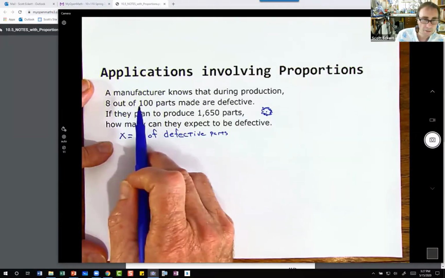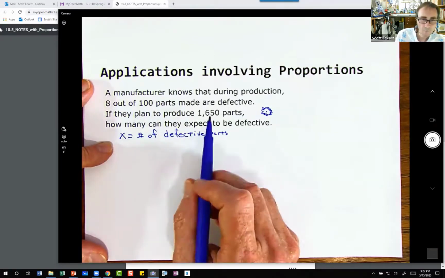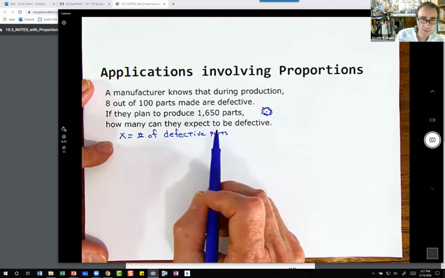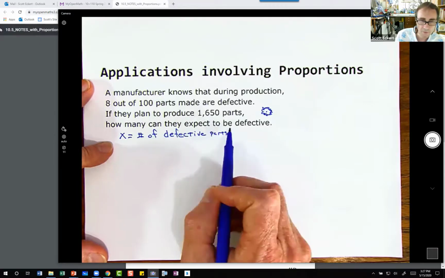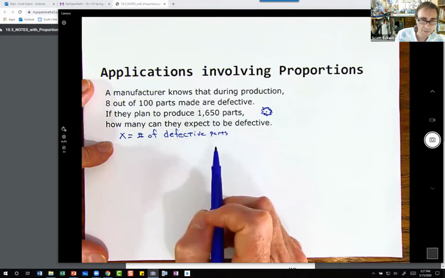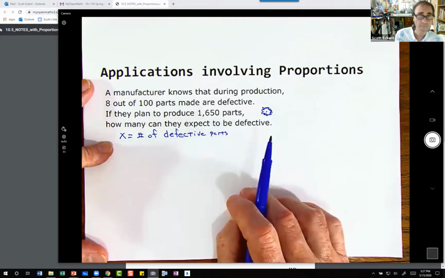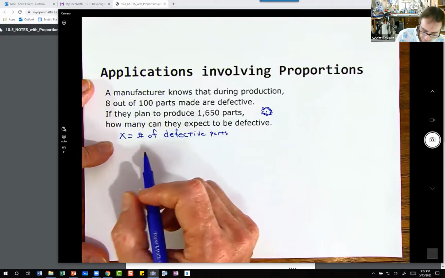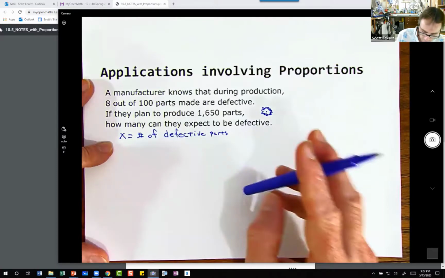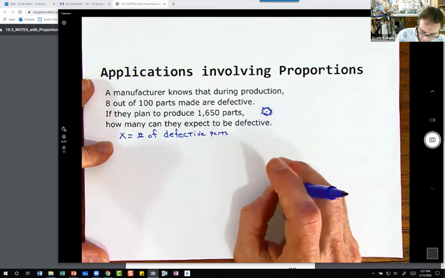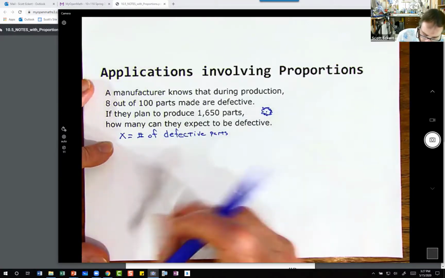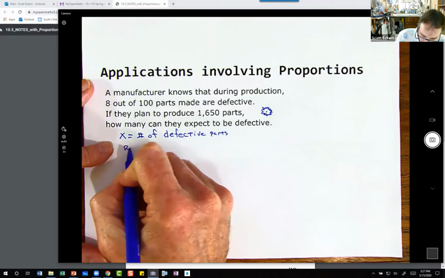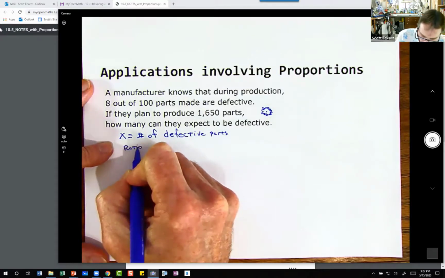That's a fraction. And I see 1,650 parts and some undefective parts. So that actually is another fraction. This is a proportion problem. So if I figure out how to make my proportions, then I can get an equation. So we should always figure out our ratio in words.